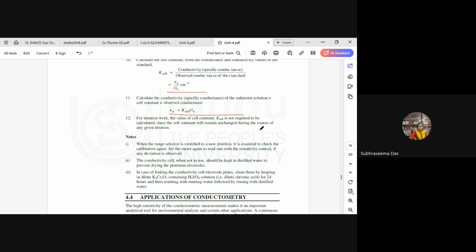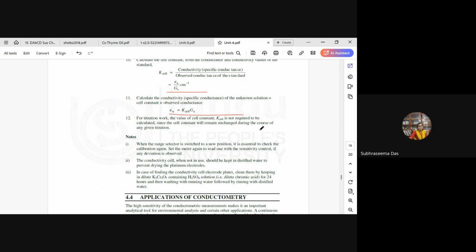This is a very important part. The electrodes should always be kept in distilled water, or sometimes dipped in KCl solution, because once they are removed and kept dry outside, the platinum electrodes become dry and there is a possibility that they will be damaged.